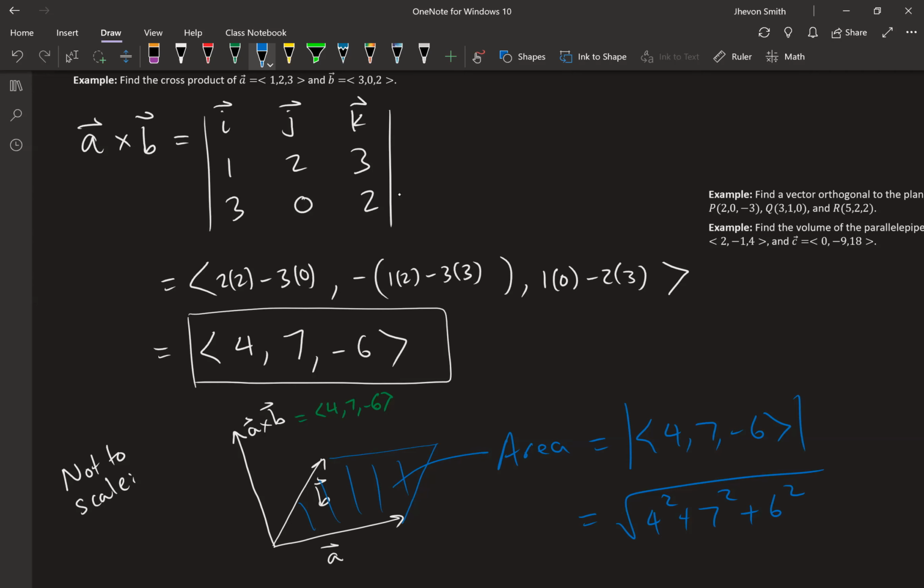I don't know what that is, but you guys can compute that. So that is finding the cross product of the two vectors. Another thing is it's going to be orthogonal to both A and B at the same time. And its magnitude is going to give you the area of the parallelogram formed by A and B.